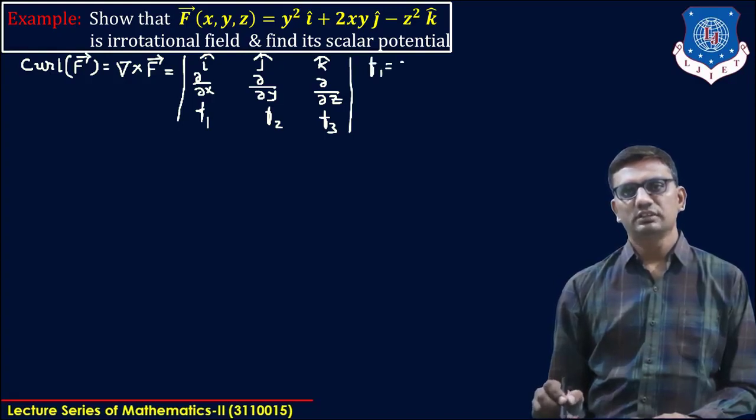Here f1 is y square, f2 is 2xy, f3 is minus z square.